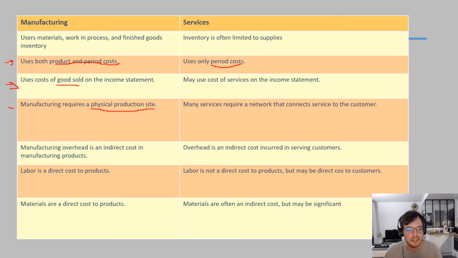Finally, in manufacturing, materials are a direct cost to product, while in services, materials are most often an indirect cost, but may be quite significant. For example, fuel in transportation or utilities. Yes, it's indirect, but it's very important for what you need to do the business. And those are the differences between manufacturing and services.